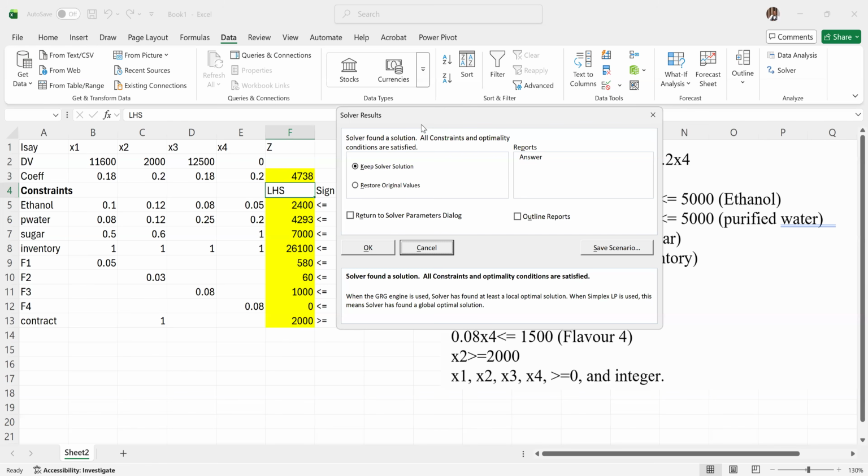X1 is 11,600. And then X2 is 2,000. Yes. X3 is 12,500. Yes, correct. X4 is 0. Did you get a sensitivity report? Yes.